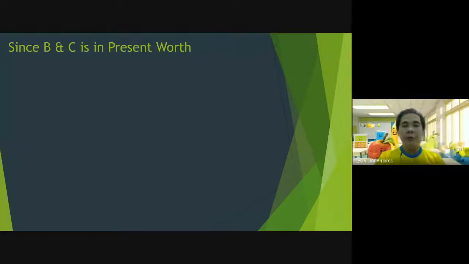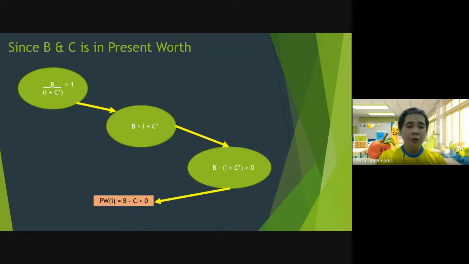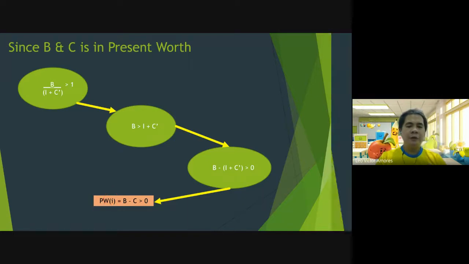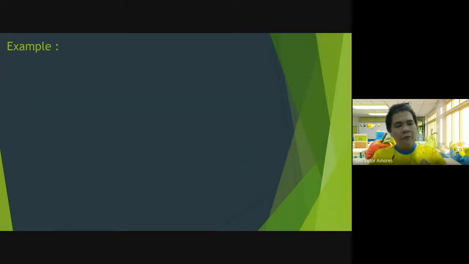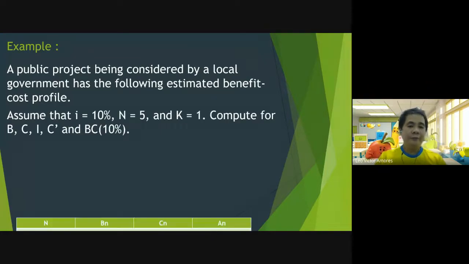For example is operational cost, operating cost, maintenance cost, mao na siya yung mga recurring cost. No? So if your present worth at a certain interest rate, therefore your B minus C is greater than 0. For an investment to basically be considered, your benefit should outweigh your cost at any point.